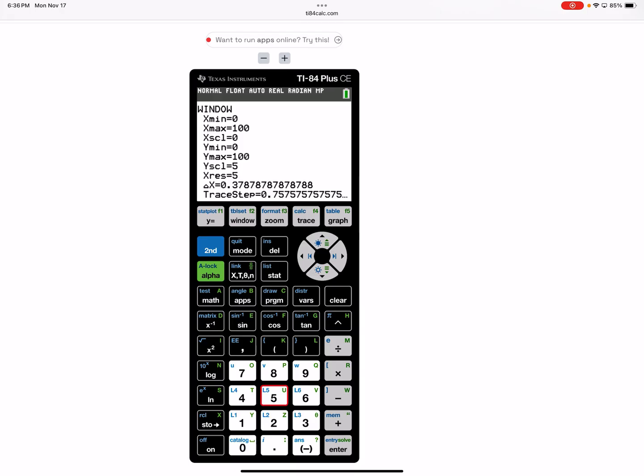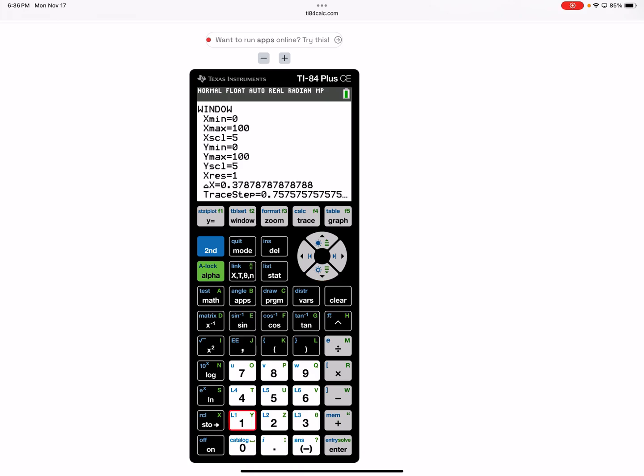So everybody got an X min, X max, 0 to 100, Y min, Y max, 0 to 100. Fix your X scale. X scale's 5, Y scale's 5. Oh, I changed the wrong thing.